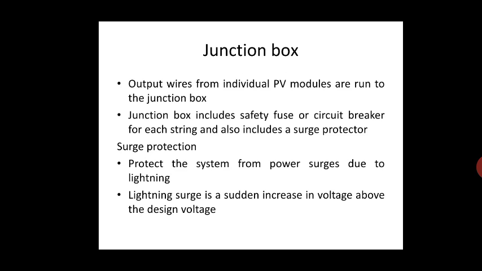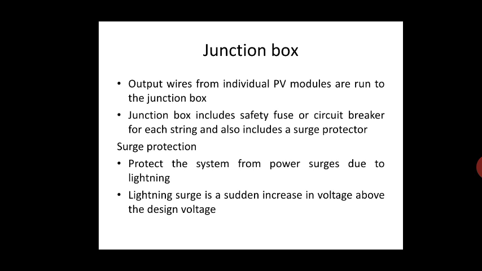Okay. Next we have the junction box. What do we mean by the junction box? The output wires from individual PV modules are run to the junction box. The junction box includes safety fuses, that is circuit breakers for each string, and also includes a surge protector.